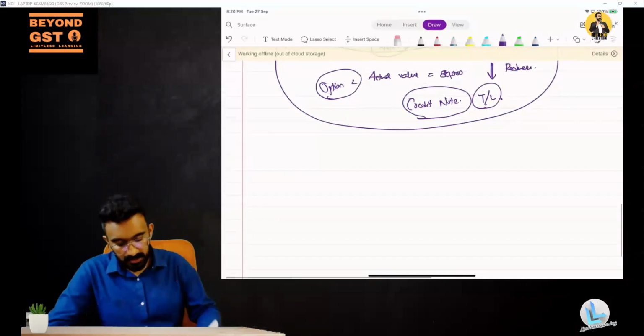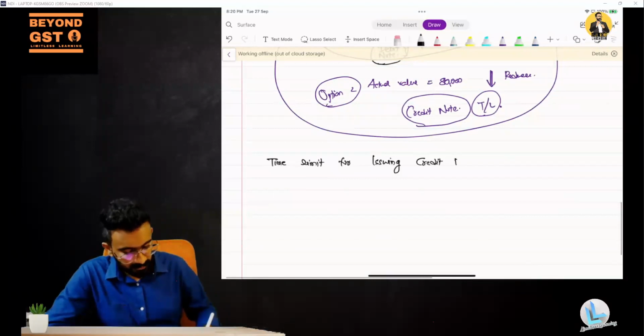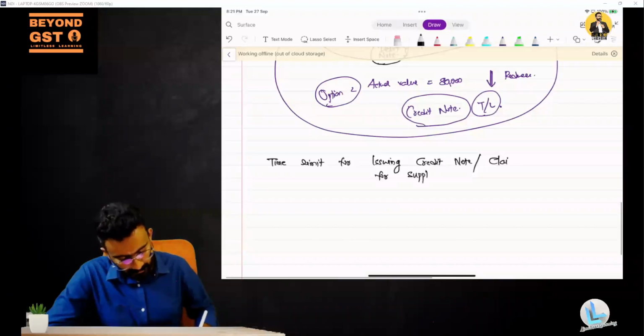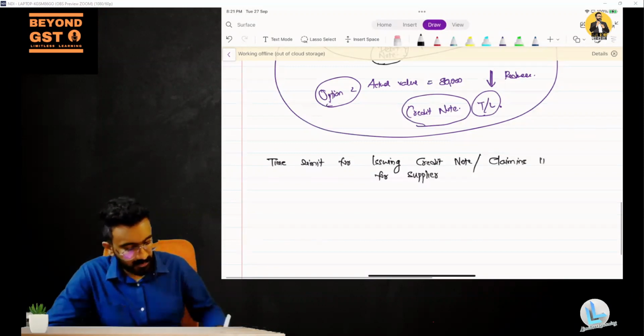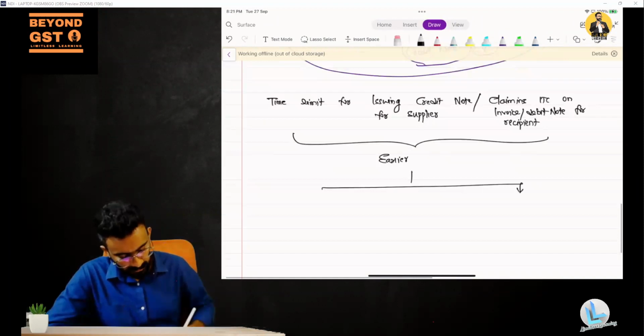So the time limit for issuing a credit note for the supplier, and claiming ITC on an invoice or debit note for the recipient, is the earlier of what and what date? 20th October next financial year, or the date of filing the annual return.